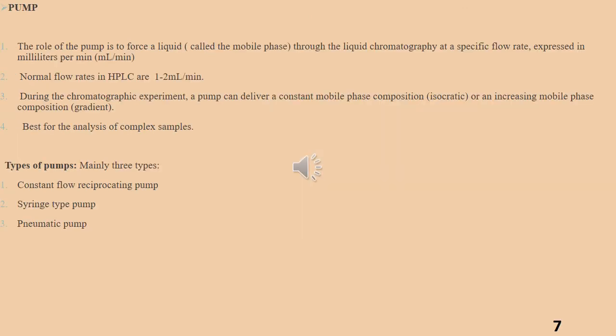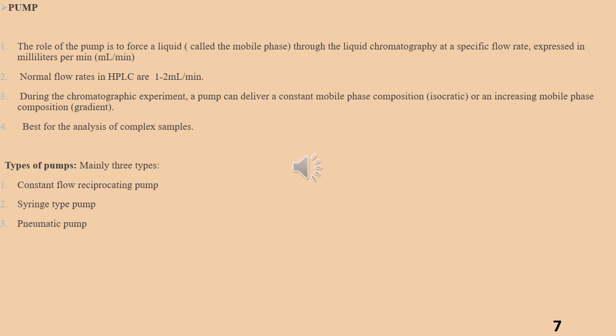Starting with the pump, the most important component of high performance liquid chromatography, that is HPLC, is the pump, because its performance directly affects the retention time, reproducibility and detector sensitivity.